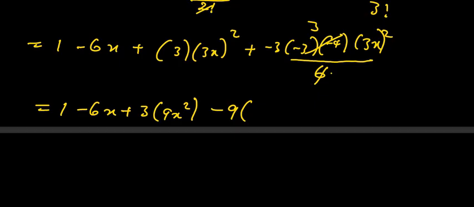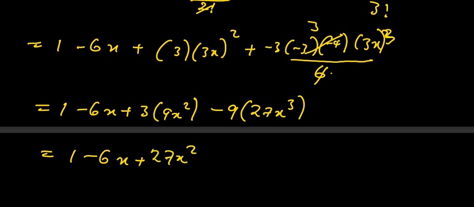Then this is a 3 here, so it'll be 27x to the power 3. Then here we can try to compute this. This is going to give us 27x squared. Let me just check this out. What is 9 times 27? Has anyone calculated it?